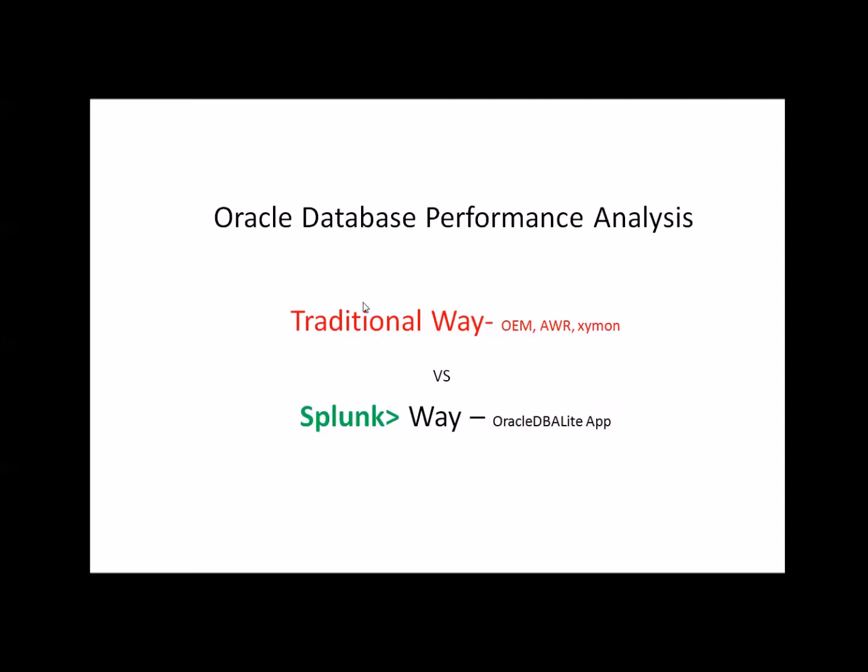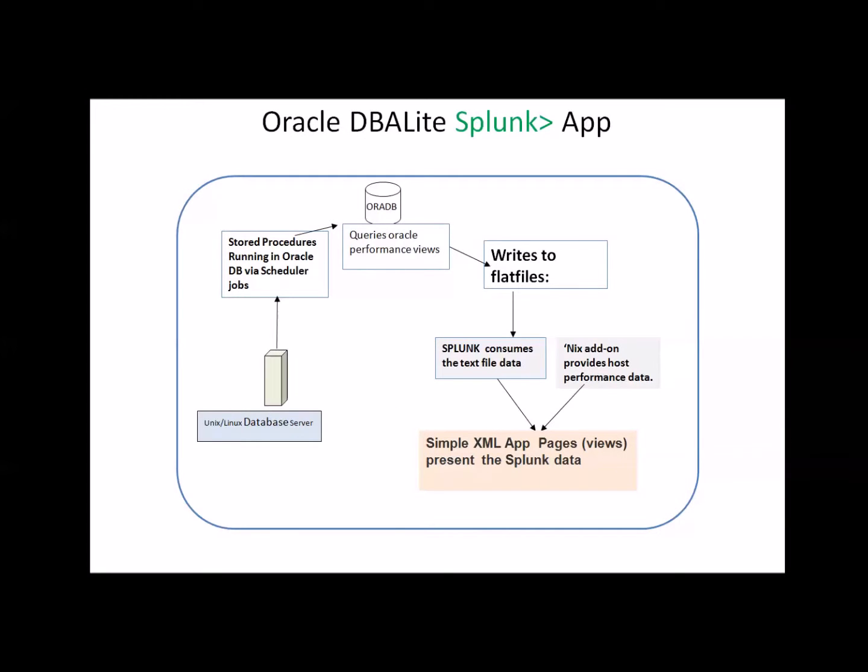An innovative Oracle DBA app was created to bring together basic host and database performance stats in one location at a detail level useful to non-DBAs. The general approach of the solution is that a stored procedure runs in the Oracle database, reads Oracle performance views, and writes data out to an operating system text file.